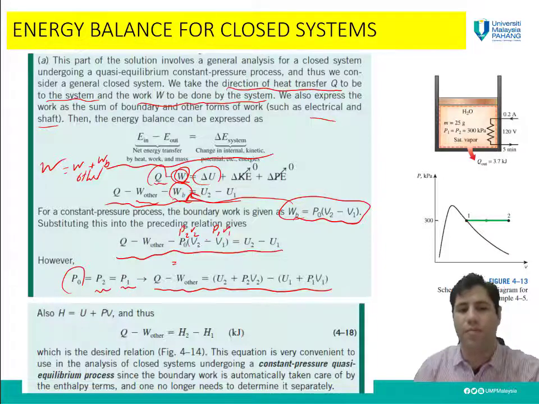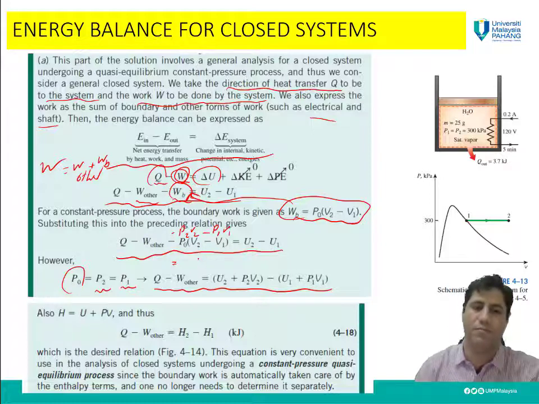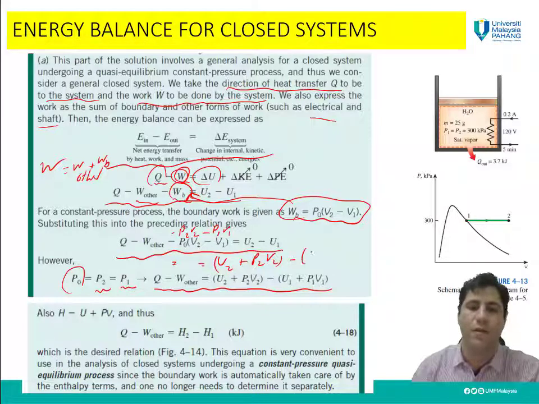And since both of them are negative, if we bring them to the other side they will be positive, and we can have this equation: U2 plus P2 V2 minus U1 plus P1 V1.